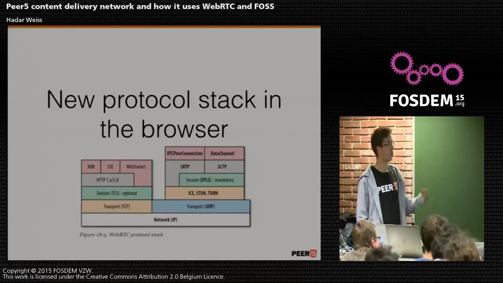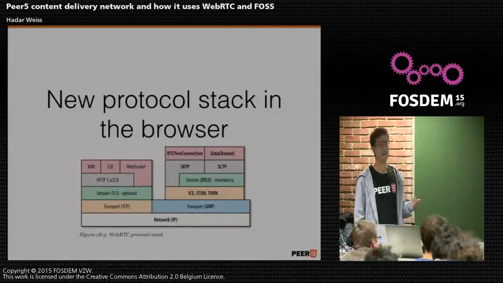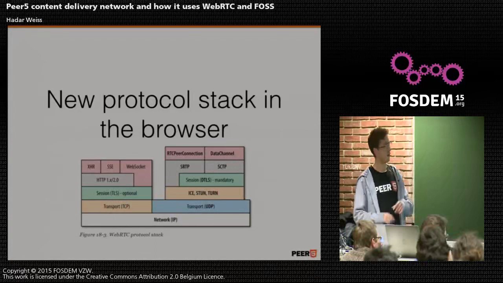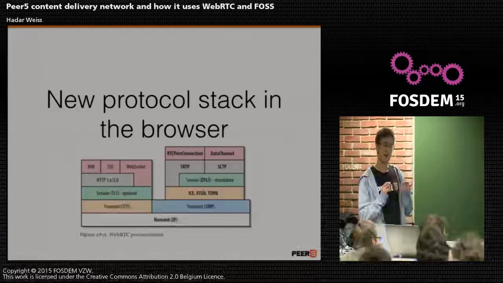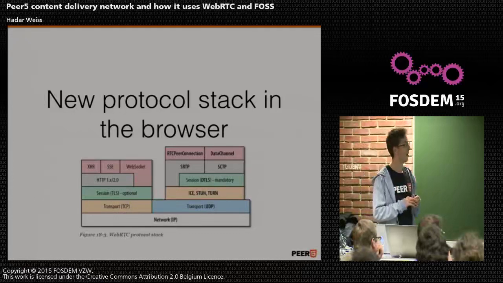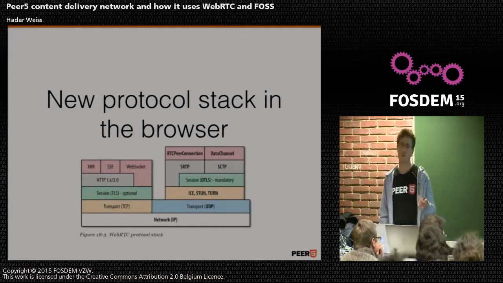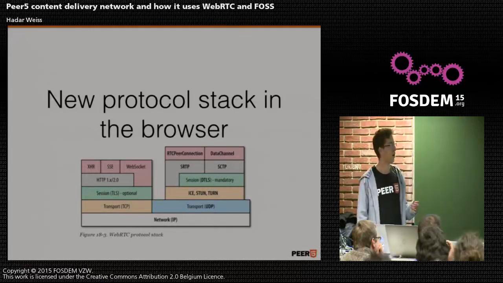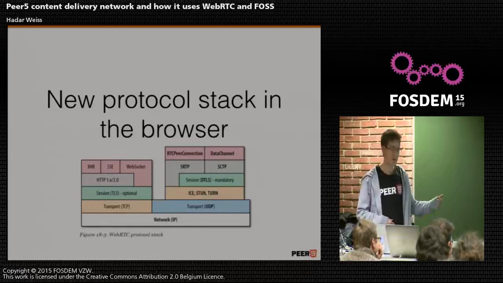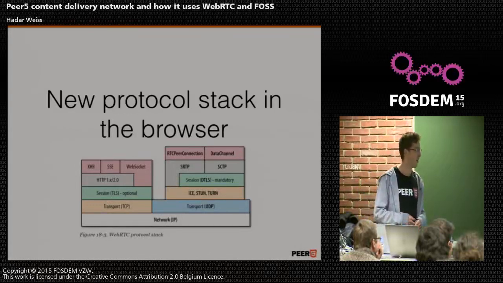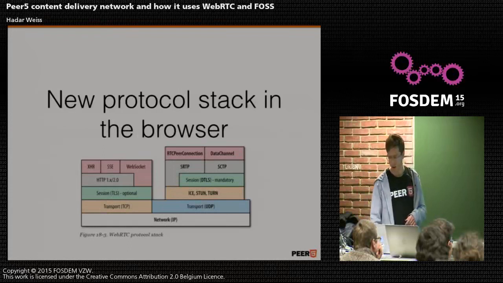On top of it, we have SCTP and DTLS for the secure layer. And on top of everything, the data channel protocol itself. As end users, as developers, we use the Data Channel API directly, but there is a lot of stuff going on under the hood that WebRTC is doing, and I'm not going to go too deep on that.